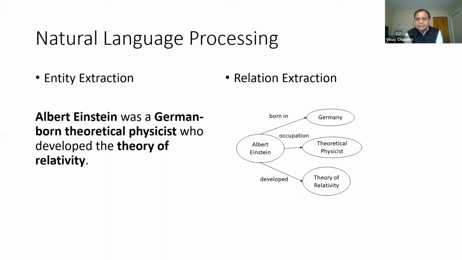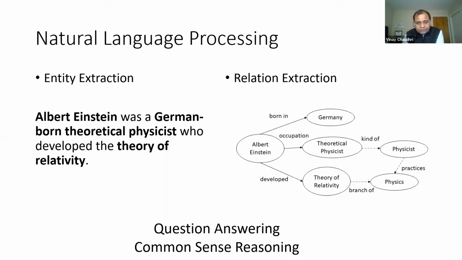Given those relations, it's natural to represent this extracted information as a knowledge graph. Now, we don't want to just construct this knowledge graph, we want to do inference with it. We want to associate meaning with the labels so that we can do question answering, we can do common sense reasoning, and derive conclusions such as Albert Einstein was a physicist, and Albert Einstein developed some new knowledge in physics, etc.